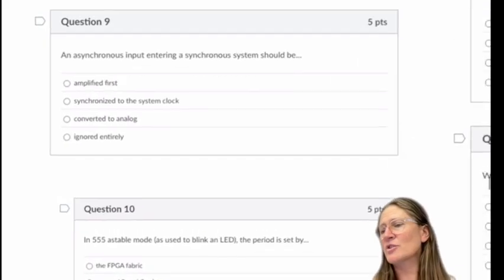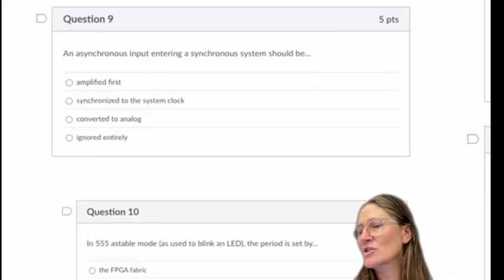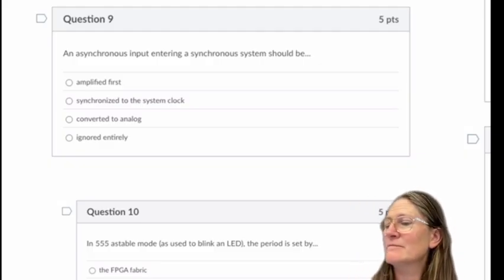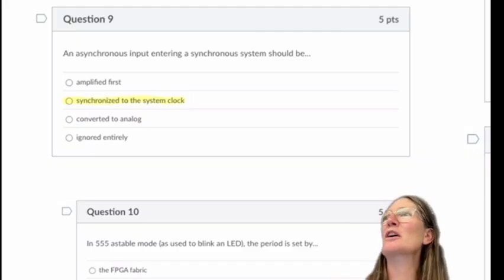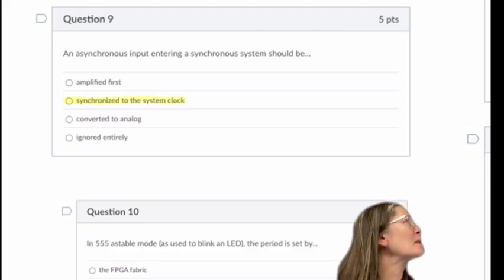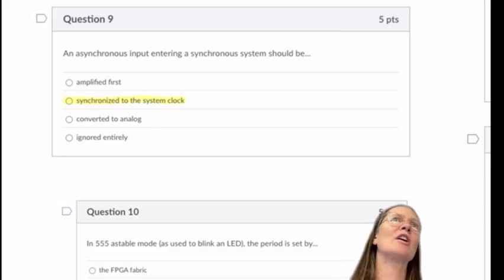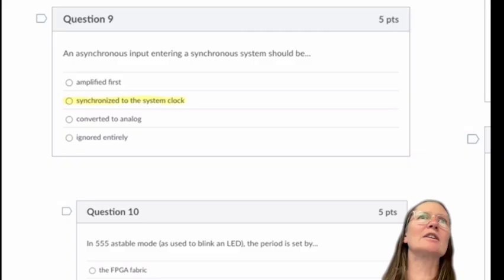Okay, an asynchronous input entering a synchronous system should be synchronized to the system clock, correct. So you need to make sure when you're moving from an asynchronous input, synchronizing it means we time it to clocks. So we just have to add a clock into the system.